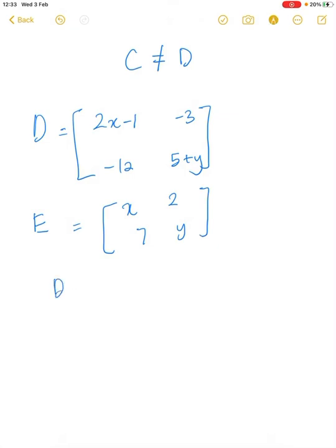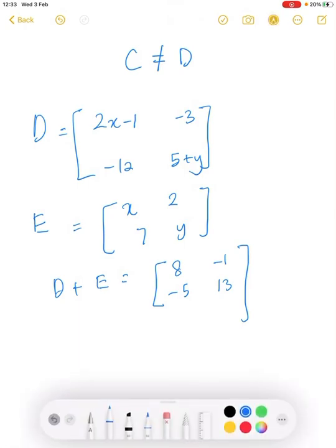The D plus E equals to 8, negative 5, negative 1, 13. Okay, so you know that the 2x minus 1 plus x equals to 8. Okay, the 5 plus y equals to 13.